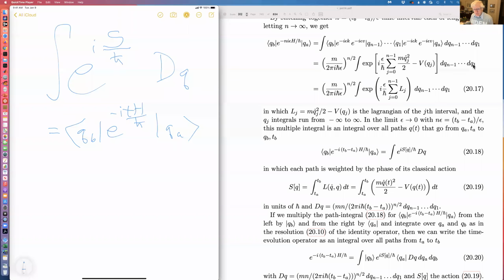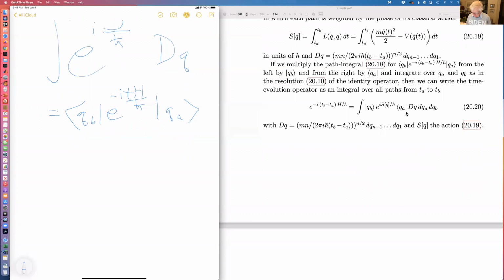So one of the nice things about this is that you see, if you have some starting point here, QA, and you have some end point, let us say here, QB, what process is going to be the dominant process? Well, the process that will be dominant is the one such that this integral is biggest.